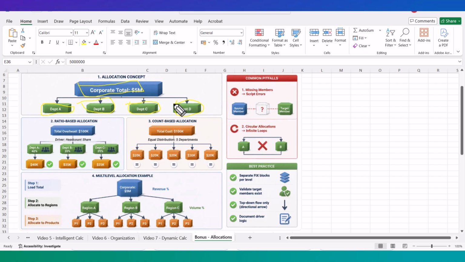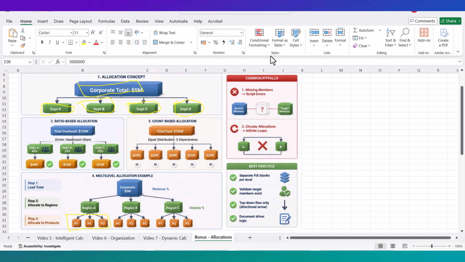Then from region to product line based on the unit volume. Then from department, it has to go to projects as shown here, from region to projects based on the unit count or the unit volume.